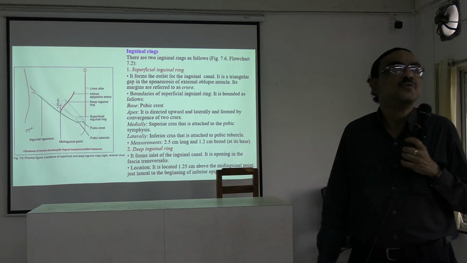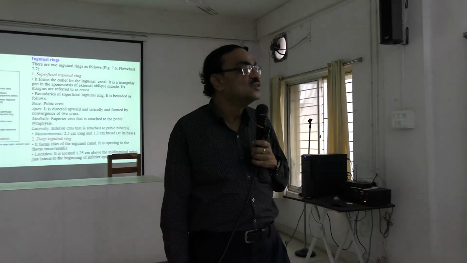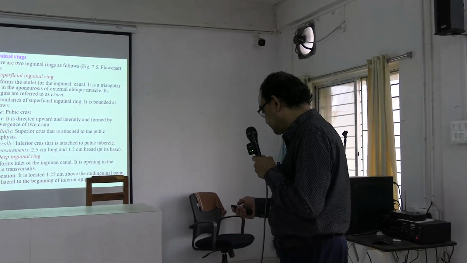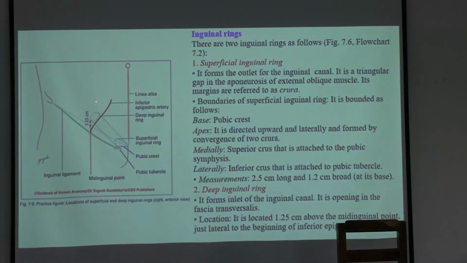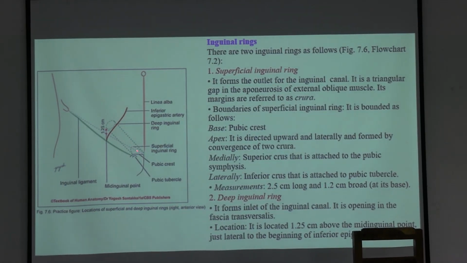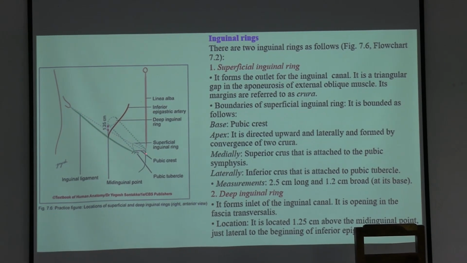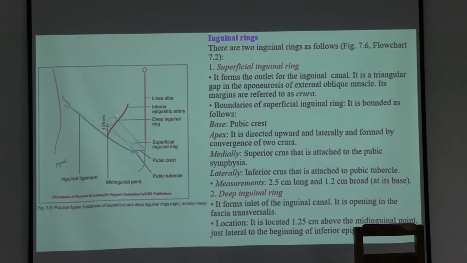Now, we are concerned with the superficial and deep ring. Here you can see the situation of the deep ring, and you can see the situation of the superficial ring, and this is the pubic crest. And you can see from this deep ring to superficial ring, we can expect one canal in the anterior abdominal wall. That canal is called inguinal canal.